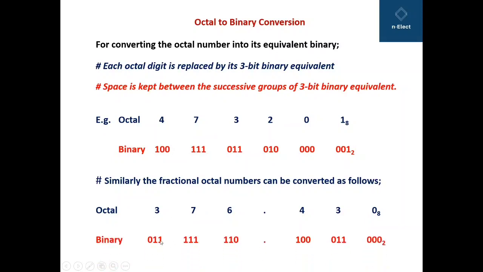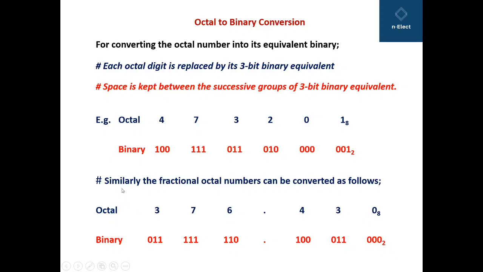So for 3 we write 011, for 7 111, for 6 110. This is the point, now a binary point. Here it was an octal point. For 4 100, for 3 again 011, and for 0 000, and the base is 2.